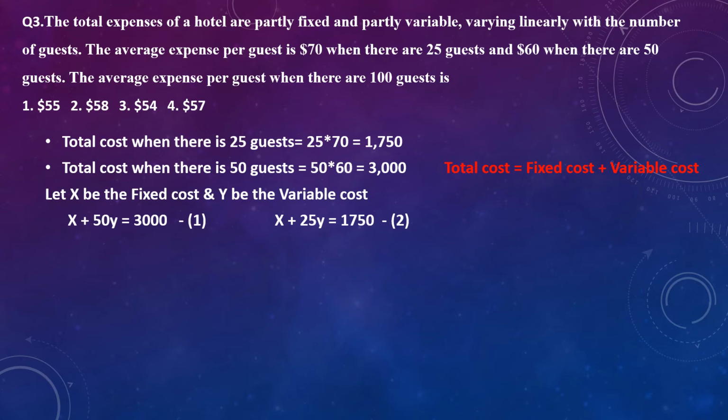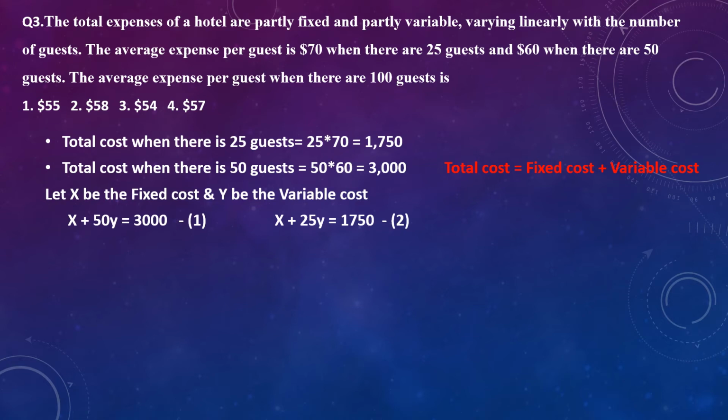So x plus 50y is equal to the total cost. We already found the total cost as 3000. Likewise, for 25 guests, x plus 25y is equal to 1750.